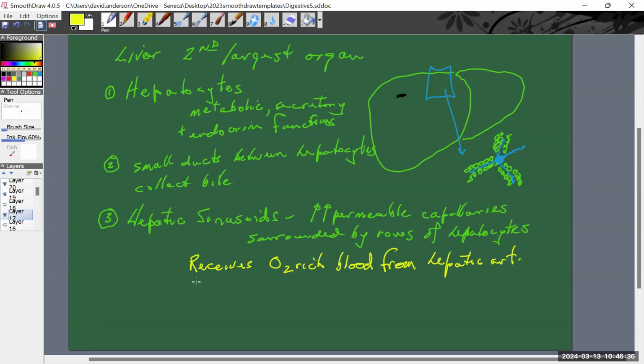But here's the thing that makes the liver very unique. It also receives nutrient-rich blood from the hepatic portal, that's an important word here, vein.